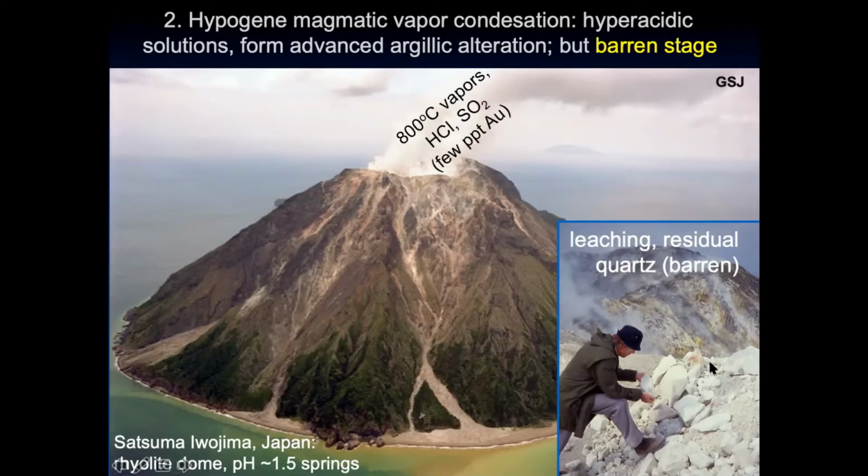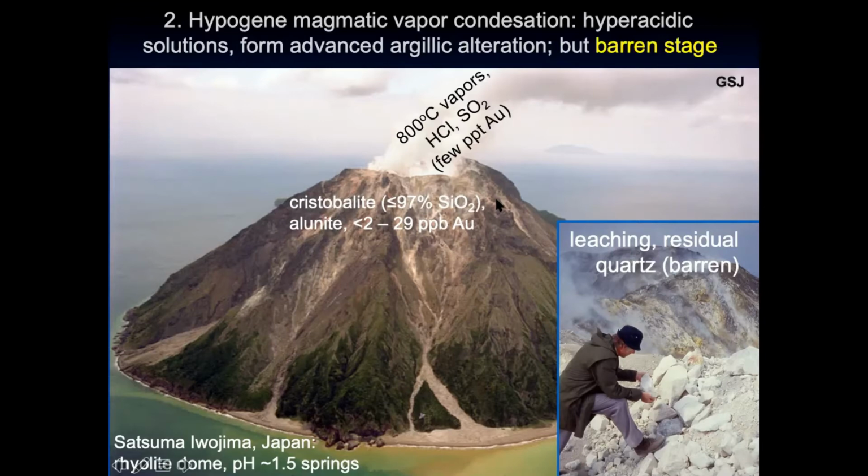So this is 97% silica near the summit with alunite and some clay minerals, but only up to 29 parts per billion gold. Anomalous, but of course no potential for economic interest, because at this stage the residual quartz and the quartz alunite are still barren.